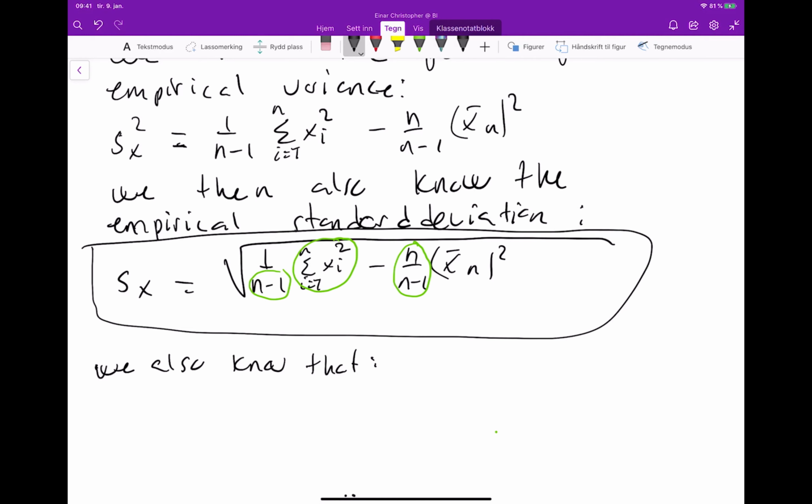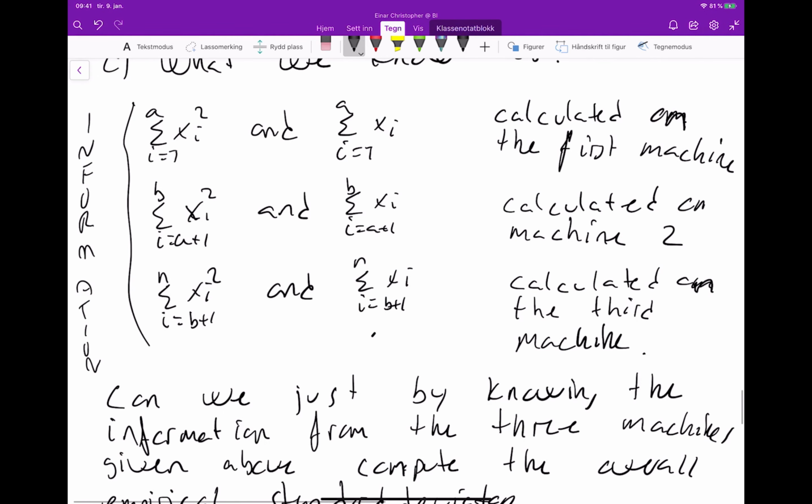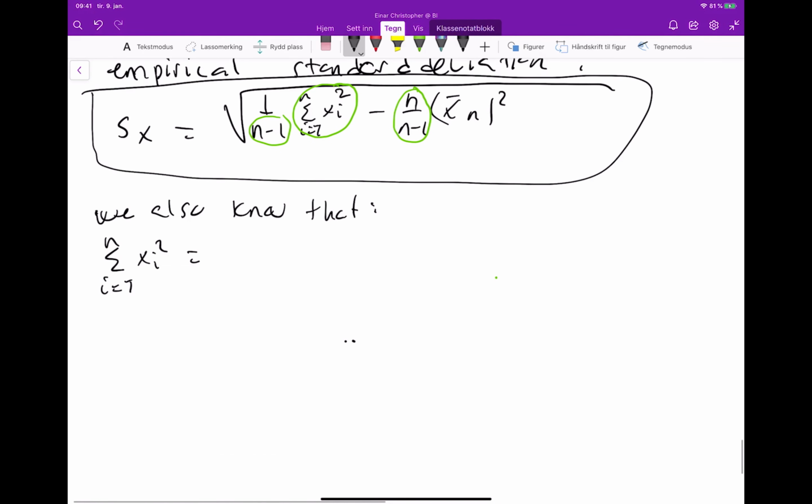that the sum x i to the power of 2, i equal 1 to n, is equal, because we can split the sum into 3 parts, and these 3 parts are the parts which the three machines have calculated. So this can be written as follows, to the power of 2.